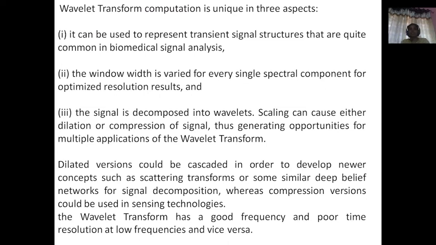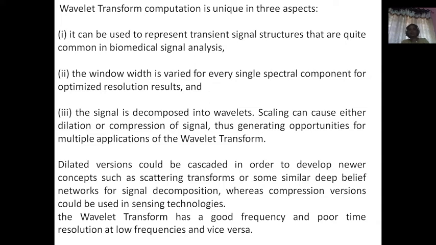So, wavelet transform computation is unique in three aspects. It can be used to represent transient signal structures that are quite common in biomedical signal processing. The window width is varied for every signal spectral component, so optimized resolution is possible. The signal is decomposed into wavelets.